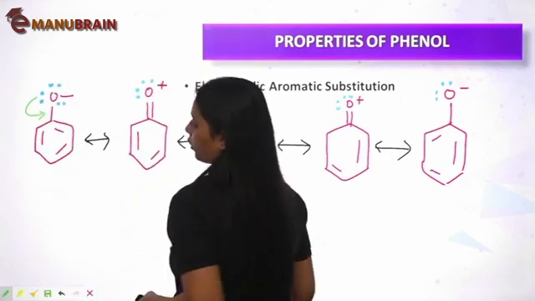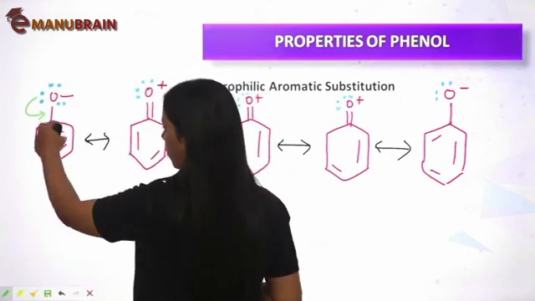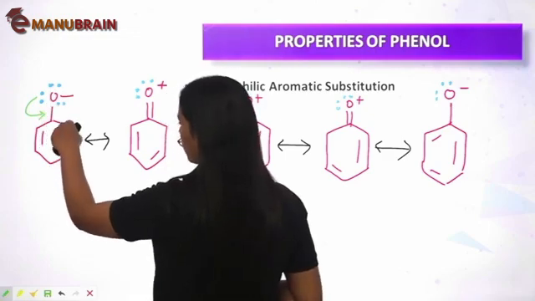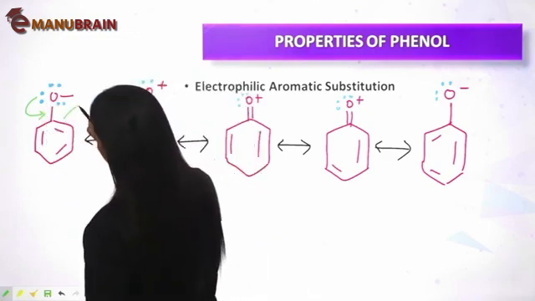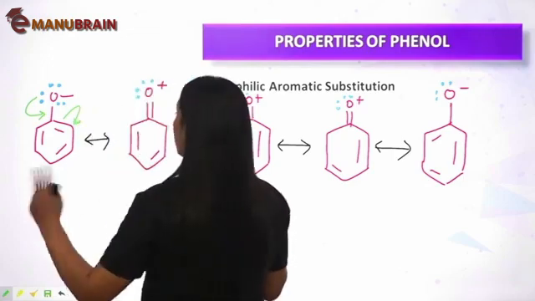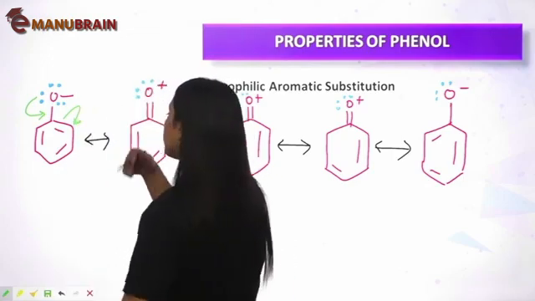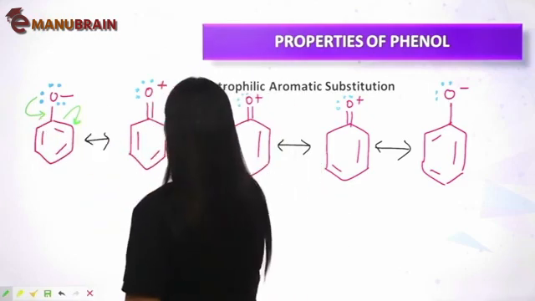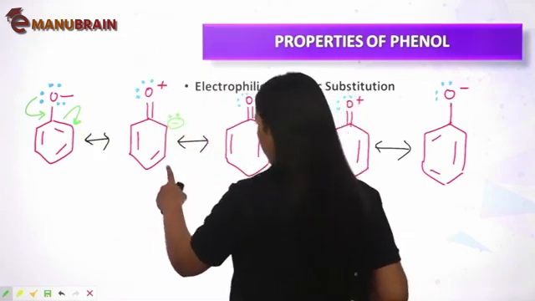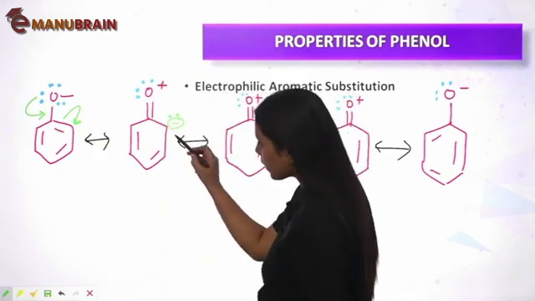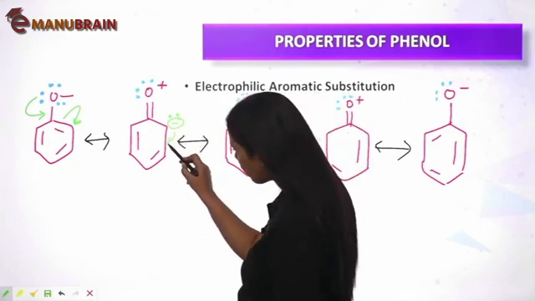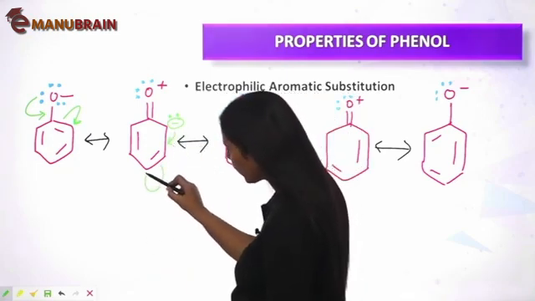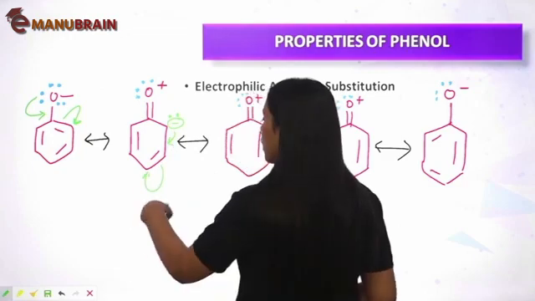So this electron lone pair first comes down from oxygen side to form the double bond, and this bond pair electrons move on the adjacent next carbon to form the lone pair of electron. So due to which a double bond is introduced here, and this bond pair will come up on the carbon as this lone pair. Then in the next step, this lone pair will form the bond pair, and this bond pair electrons will move on to the next carbon as lone pair.